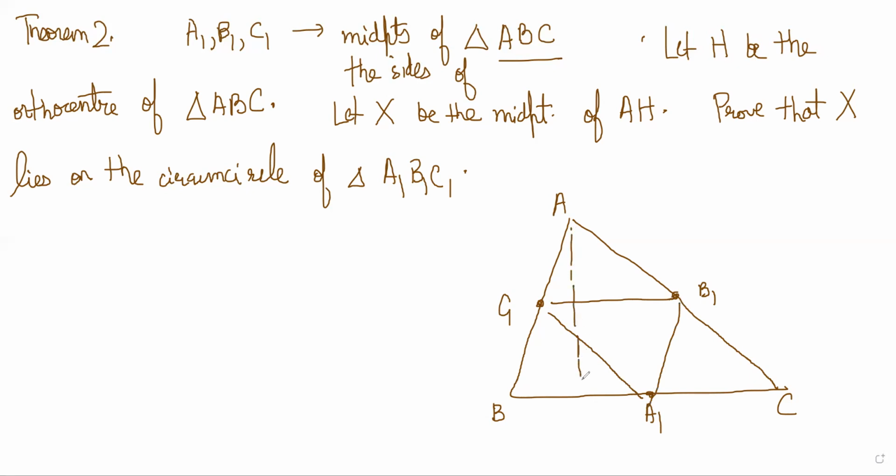One altitude is like this, this is your D. Another altitude is like this, this is your E. This is your orthocenter H. The midpoint of AH is this point X. We have to prove that X lies on the circumcircle. We already know that E lies on the circumcircle.